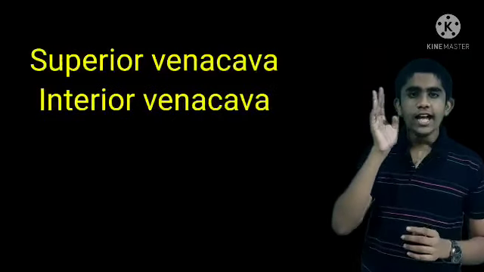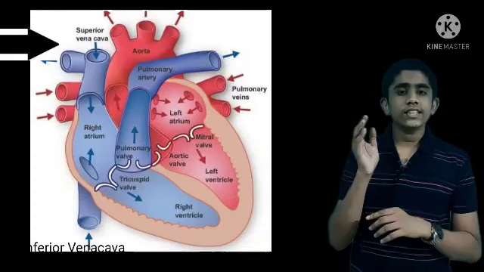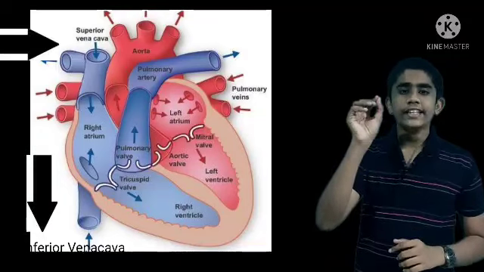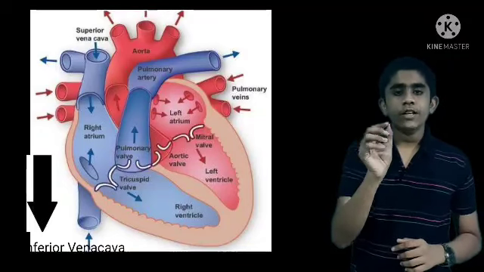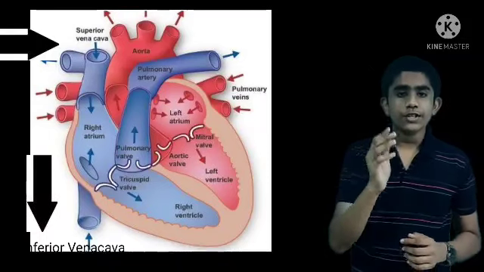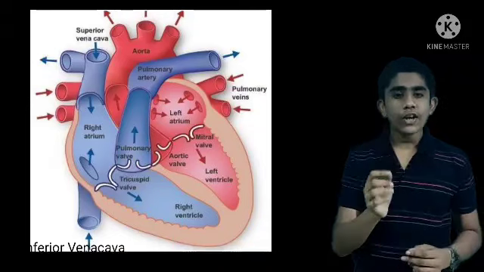Now, we are going to study the structure of the heart. The heart has 2 vena cavas, superior vena cava and inferior vena cava. First, superior vena cava. The veins that carry blood from the upper part of the body transport it to the superior vena cava and to the right atrium.